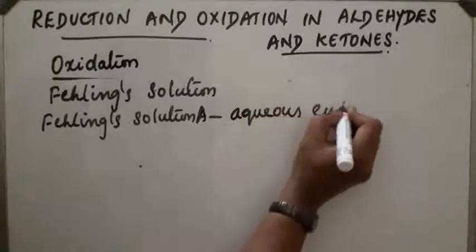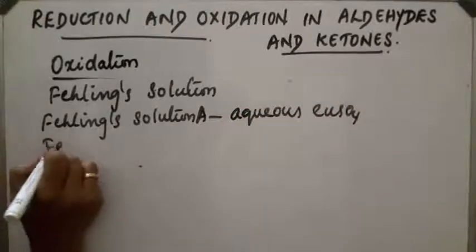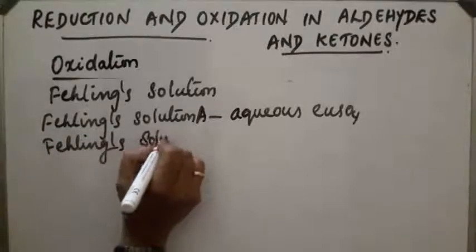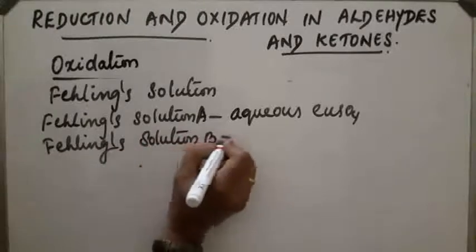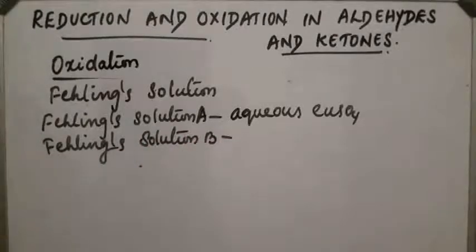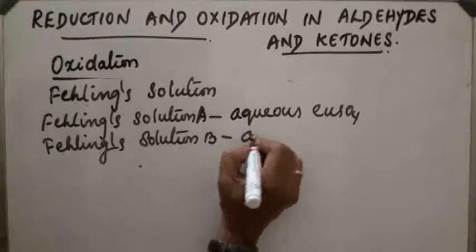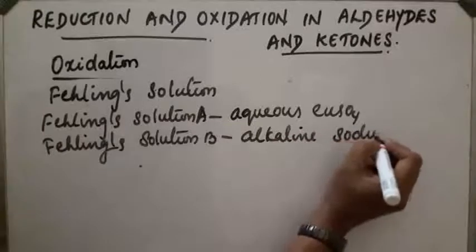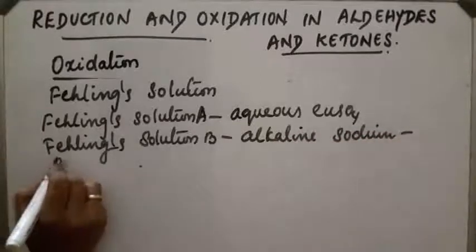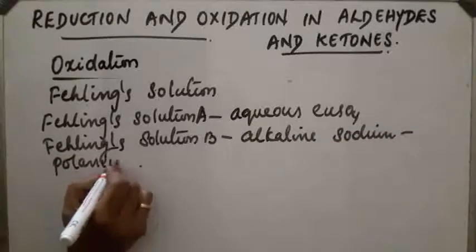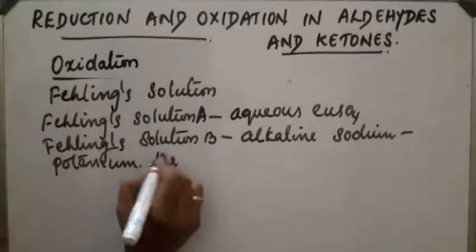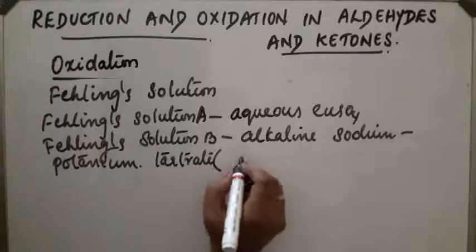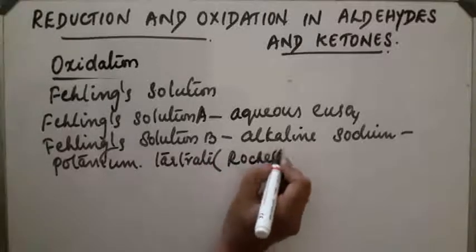And Fehling solution B is alkaline sodium potassium tartrate. This is also called Rochelle salt.